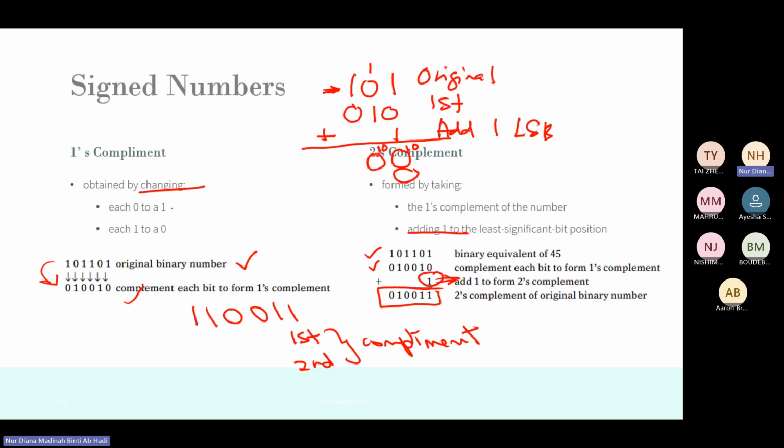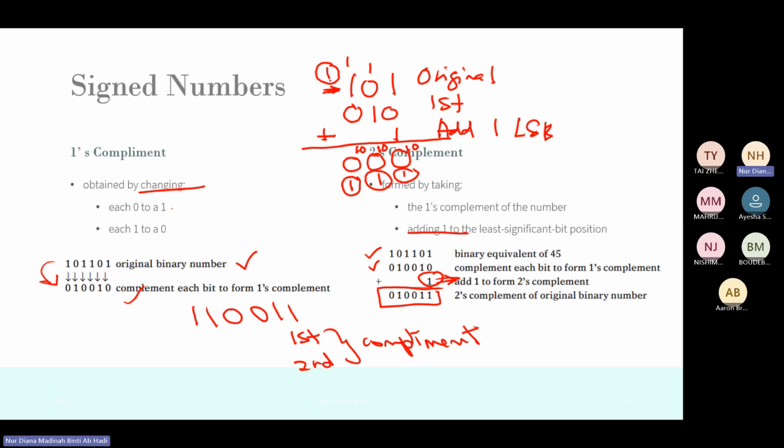You bring your 0 down here, put your 1 as your carry out, and bring this carry out to the front as your carry in. So 1 plus 1 plus 0, you will still get 10. You bring the 0 down, and this 1 you bring as your carry out, and this carry out 1 you bring to the front as your carry in.